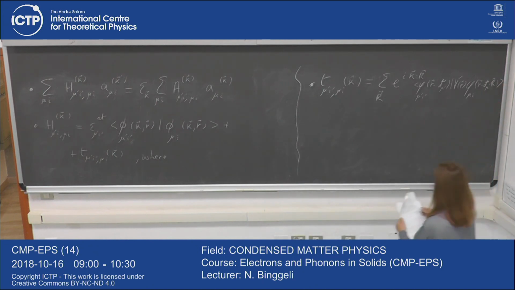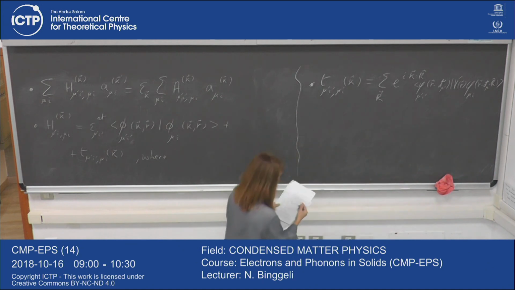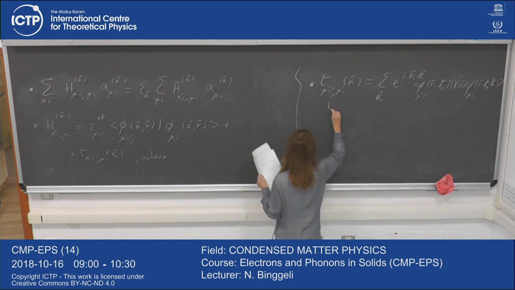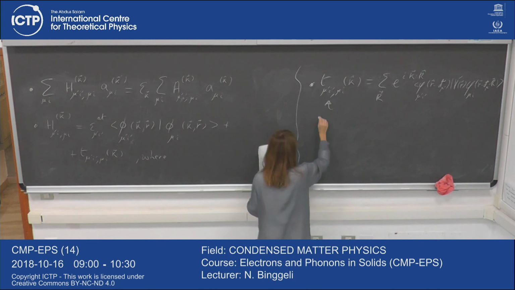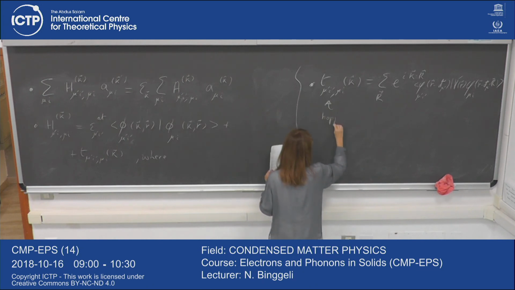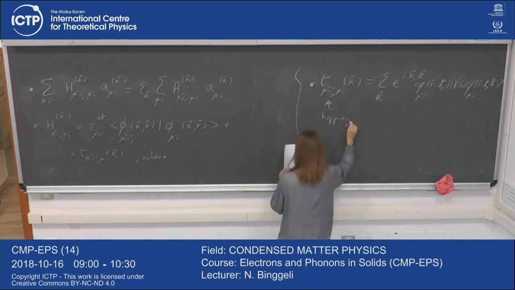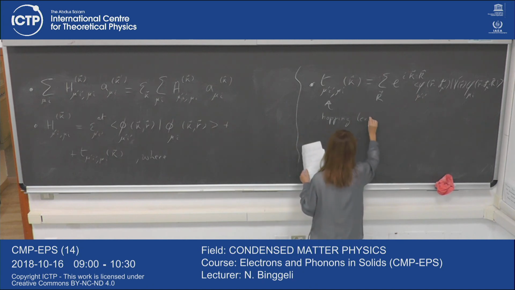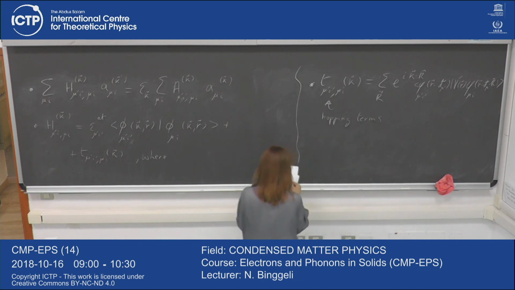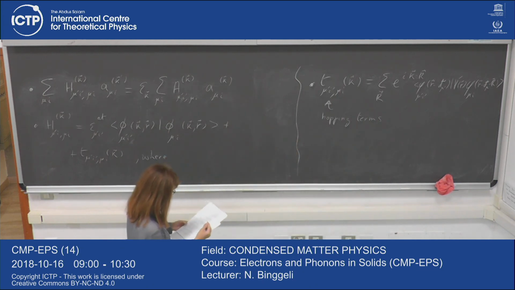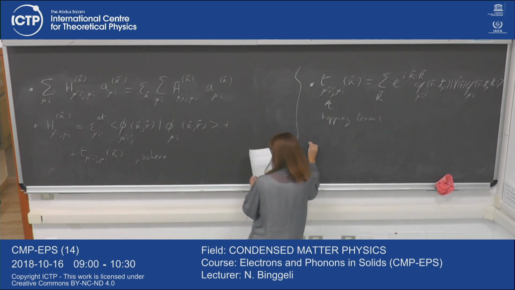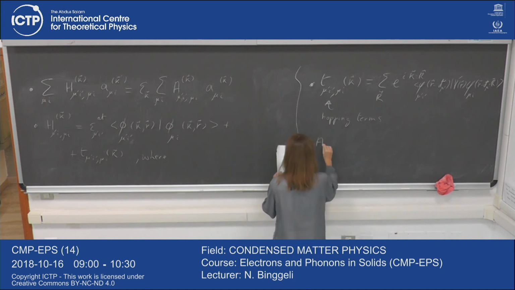So this is the expression for the T, and this T we will call the hopping terms. And then finally the A is the overlap matrix.